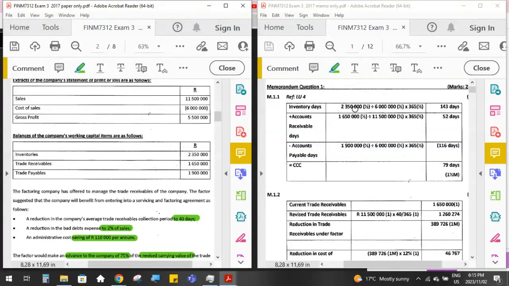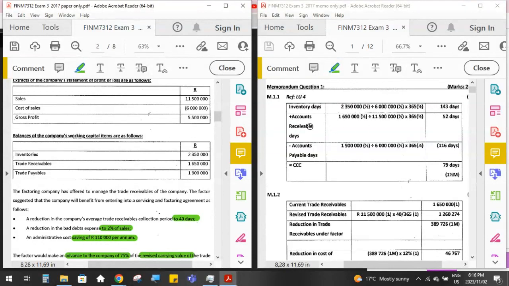So average inventory as a proportion of the annual cost of sales figure, and then we take that percentage of 365 days and we get 143 days. So our inventory only turns over on average every 143 days.